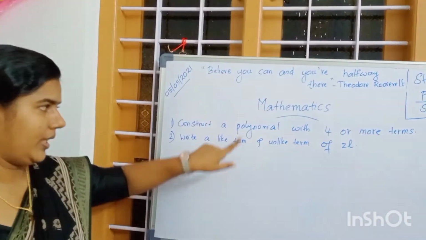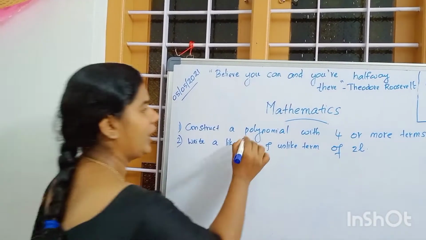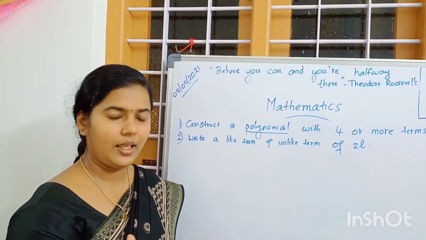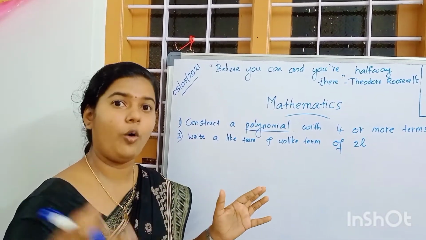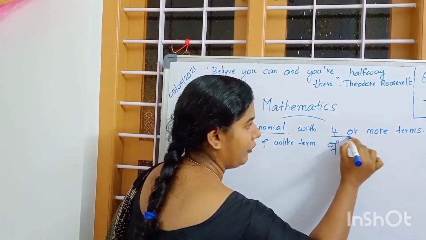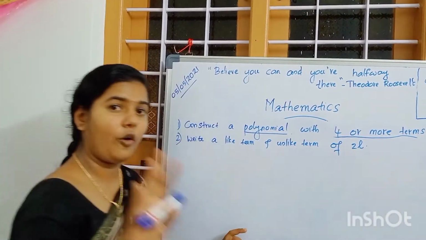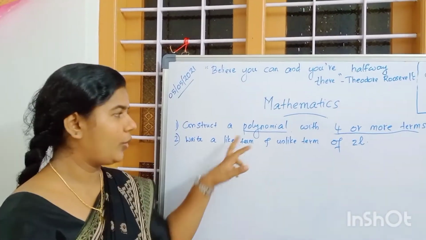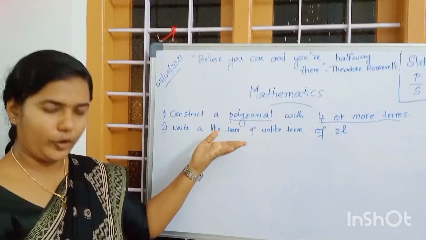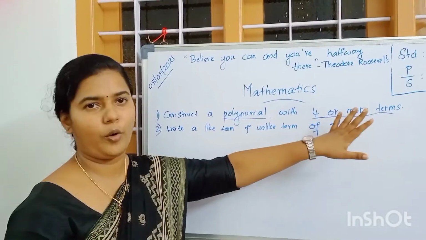Here the first question, you have to construct a polynomial. So you know polynomial is, yes, an expression with 1 or more terms, but specifically they have given that we need a polynomial with 4 or more terms.